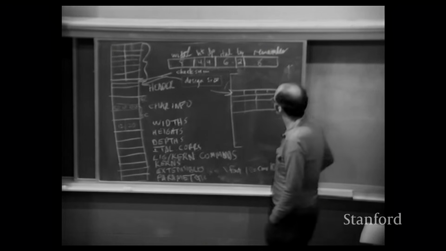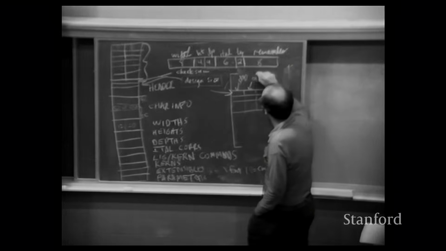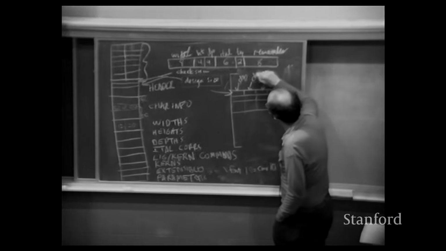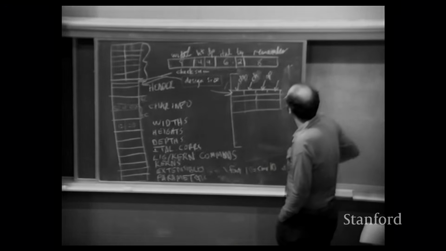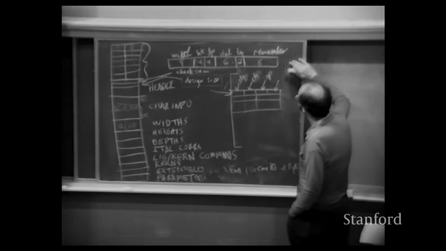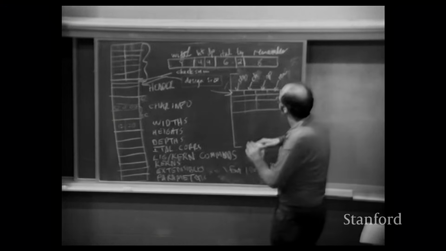Now the commands have 4 parts, and the first one is called the stop byte, or the stop bit. This one is called the op, I think. This one is called the character, and this one is called the remainder, or the operand or something. I don't have a specific name for it. Call it remainder.